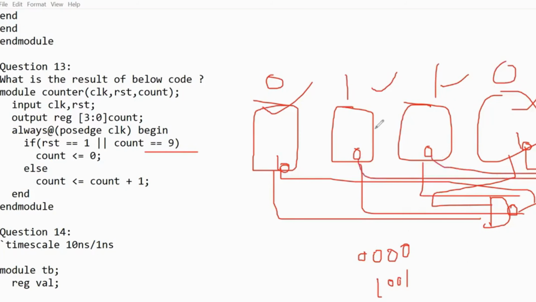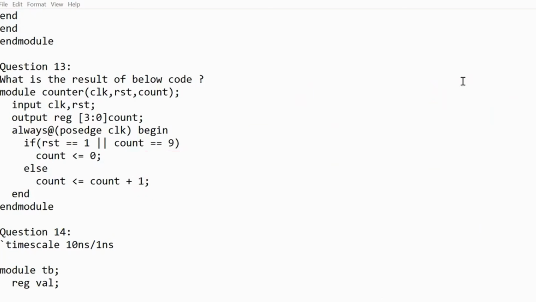Then these two flip-flops will go to the reset state. Once these two flip-flops go to reset state, the output will be all zeros. That means it will count from 0 to 6. Again it will go to the 0 reset state. Okay, so here this circuit is working as a modulo 9 counter. Okay, did you get the point, everyone?